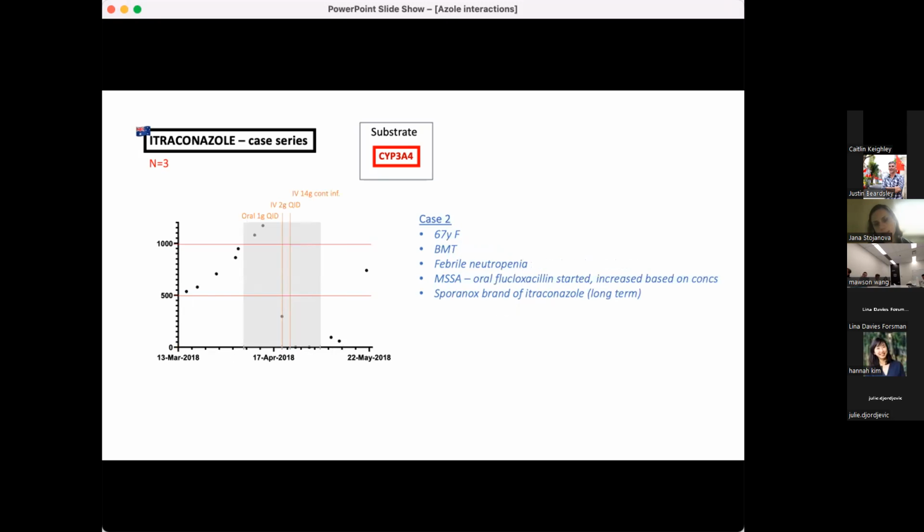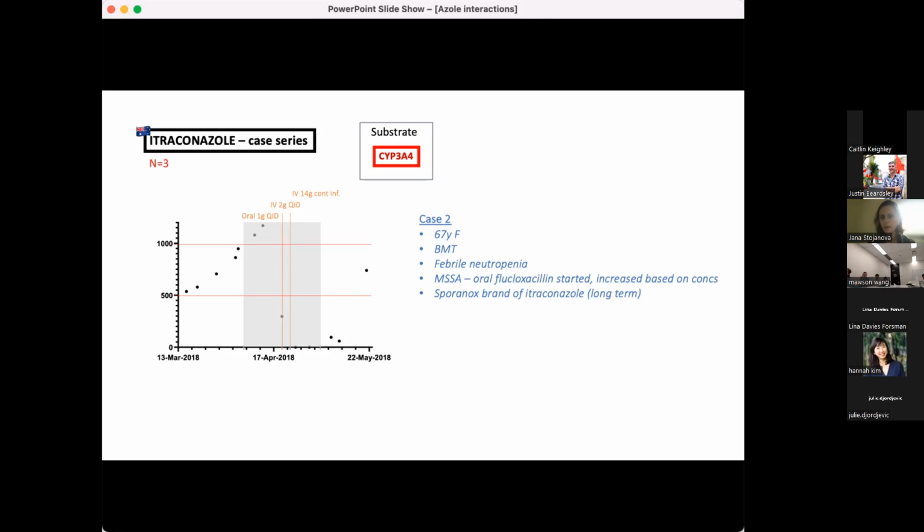The next case is a 67-year-old lady who had a bone marrow transplant. She was receiving tacrolimus because she had graft versus host disease. She presented with febrile neutropenia. Again, MSSA was detected in blood cultures. I think she was managed as an outpatient with oral flucloxacillin, 1 gram 4 times a day.